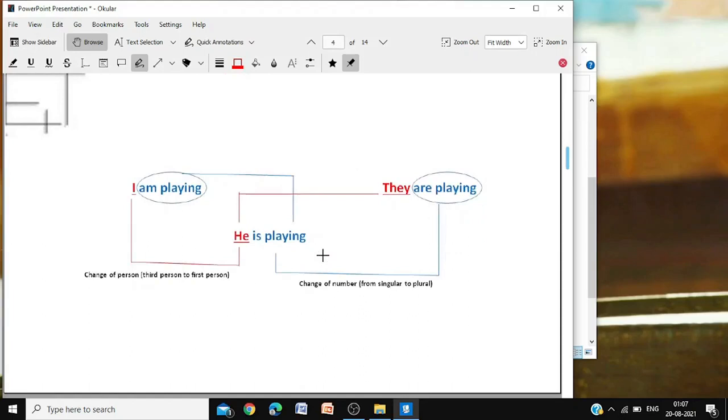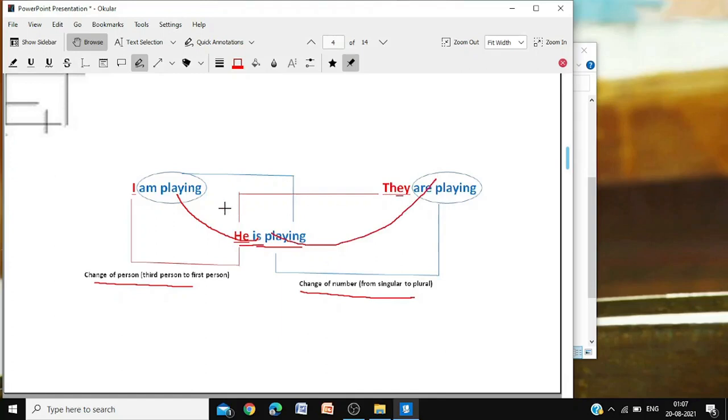So I am playing. When there is change of person, third person to first person, we find that he is playing becomes I am playing. So the verb changes. When there is change of number from singular to plural, is playing becomes are playing.